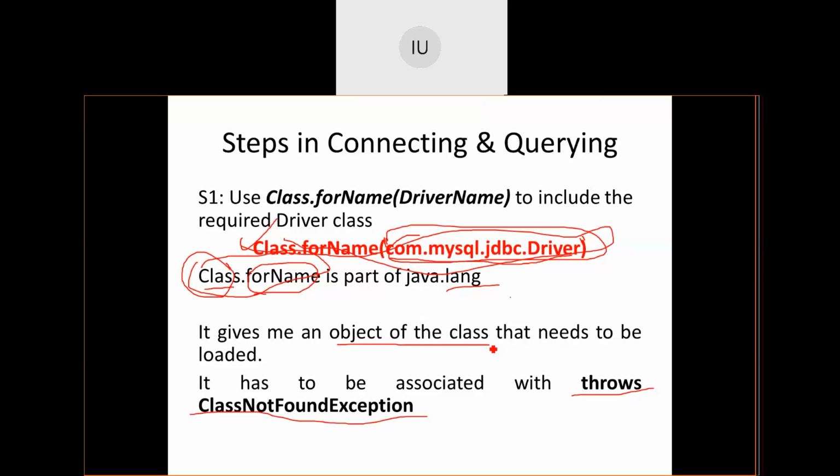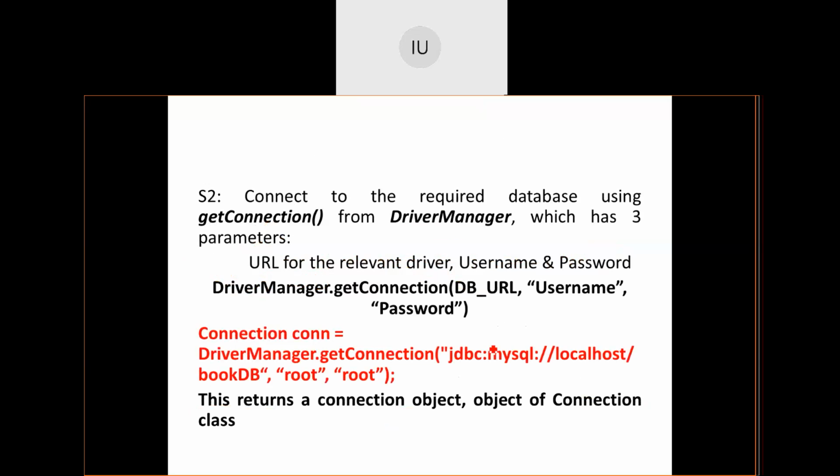Let me go ahead with the second step, which calls the DriverManager. First, I have loaded the driver. Now the driver has to have the connection to the querying object.